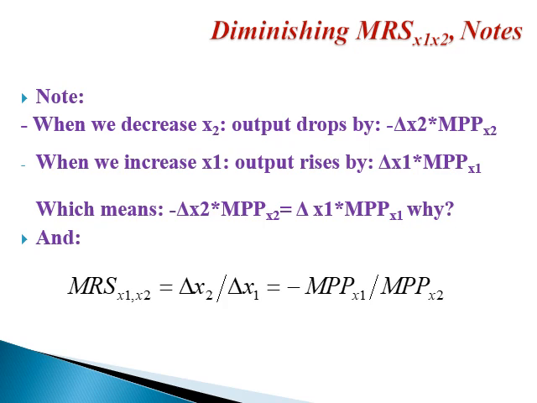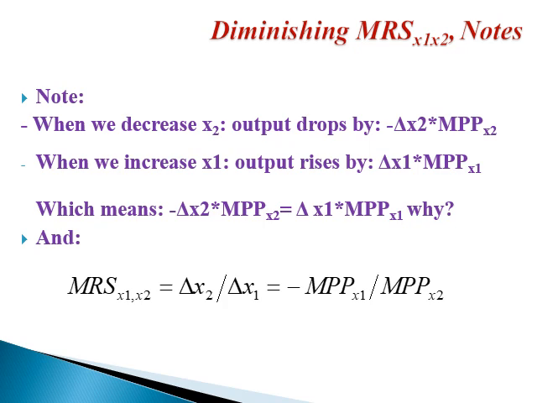And MPP x2 is delta y divided by delta x2. Cross multiply, and make delta y equal to 0. Then the right hand side will be equal to the left hand side, and you will reach that conclusion very easily. So just start by writing MPP x1 is equal to delta y divided by delta x1 and then cross multiply.